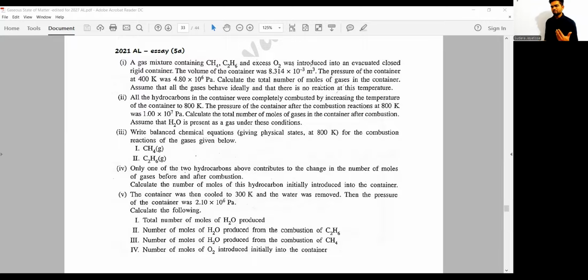And they are giving you the assumption also. Whenever we use gas laws for real gases, we need to assume that they are behaving ideally. We learn in our theory class that real gases behave ideally under low pressure and high temperature.